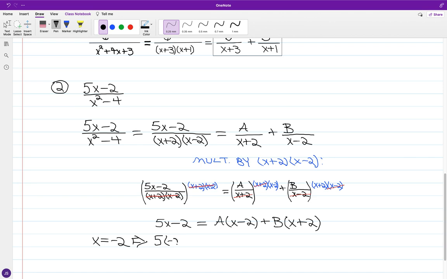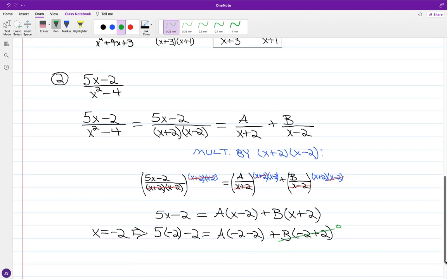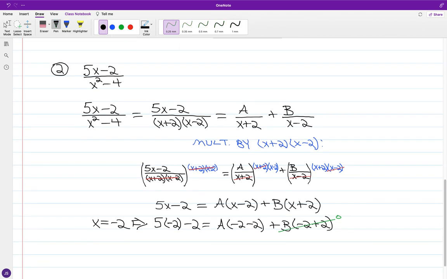So filling in negative 2 for x, and notice I have x on both sides of the equation this time. So b is going to go out, and working with what we have, 5 times negative 2 is negative 10.